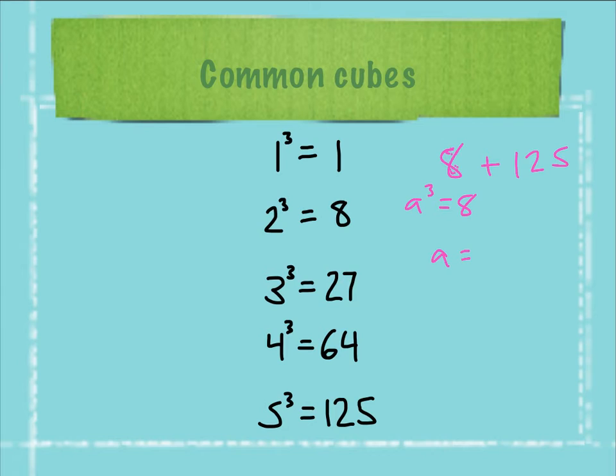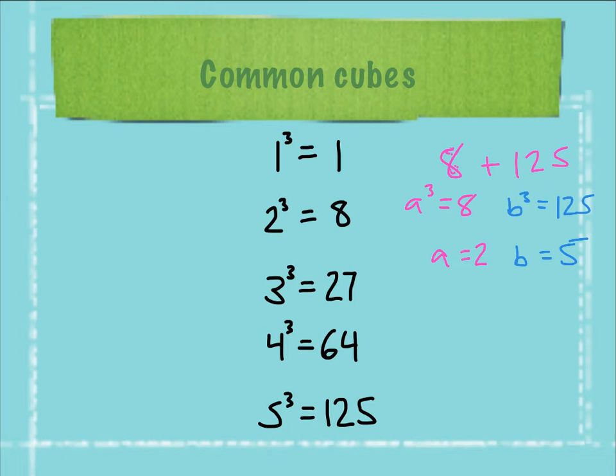What number cubed gives us 8? 2. So A would just be 2. And then if B cubed is 125, what would B be? 5. Awesome, because 5 cubed gives us 125.